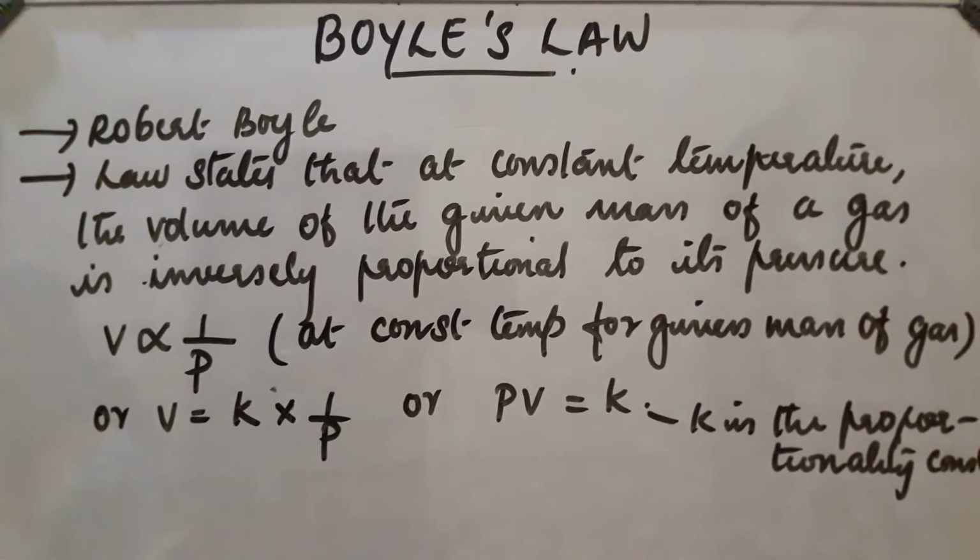K is the proportionality constant and it depends upon the amount of gas and temperature.